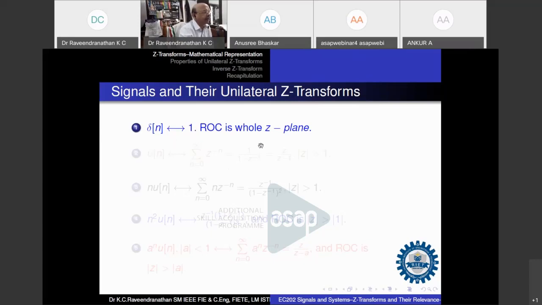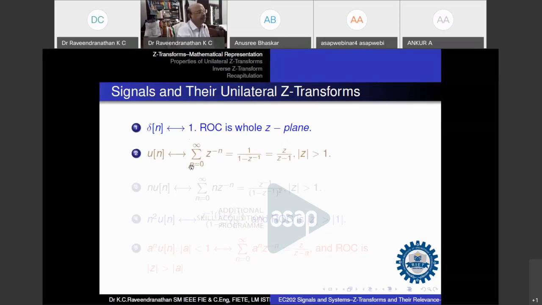So, starting with the simplest possible function, which is the delta function, which is defined only at n equal to 0, and it is 0 at all other values of n. If you take the Z transform, you will get 1, and the region of convergence is the entire z-plane.